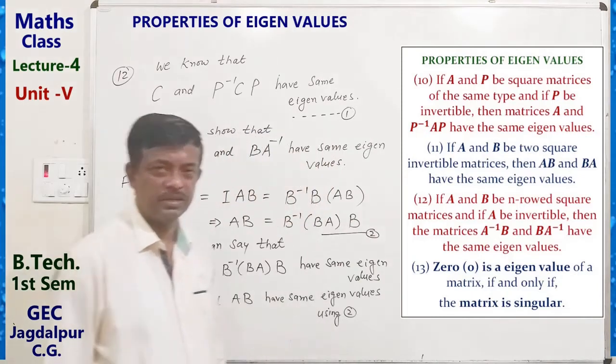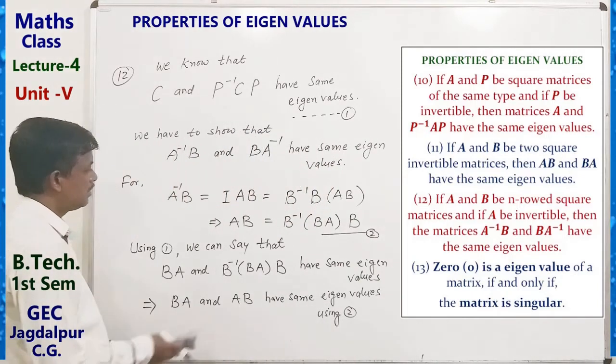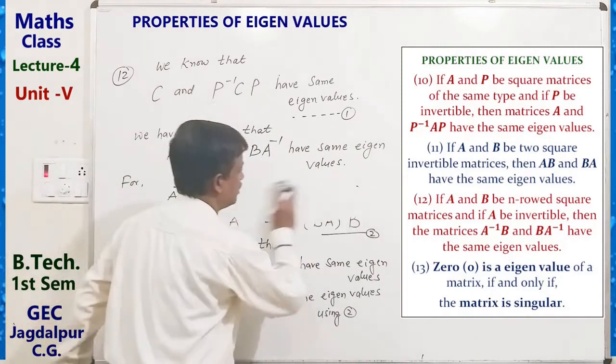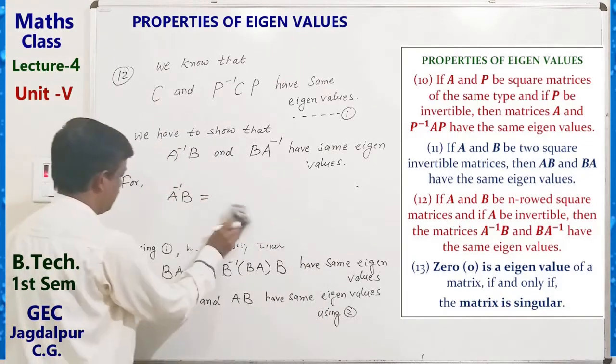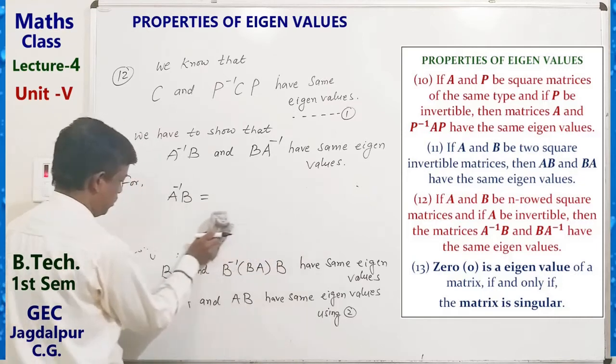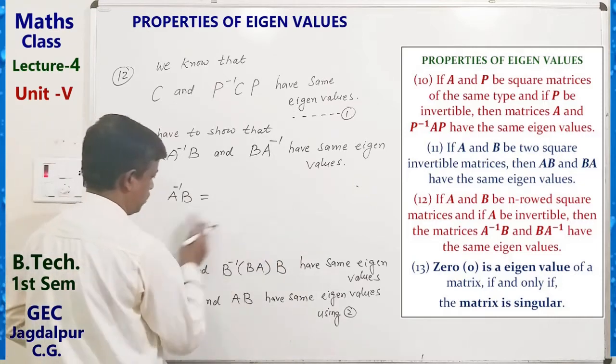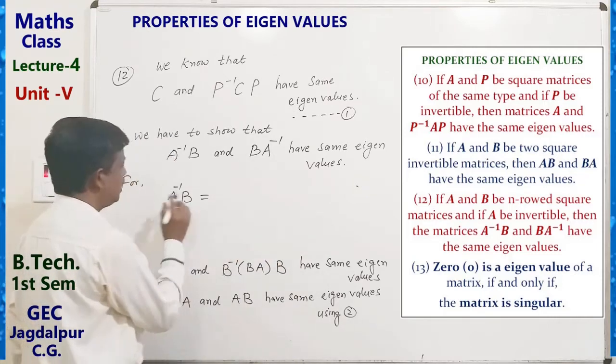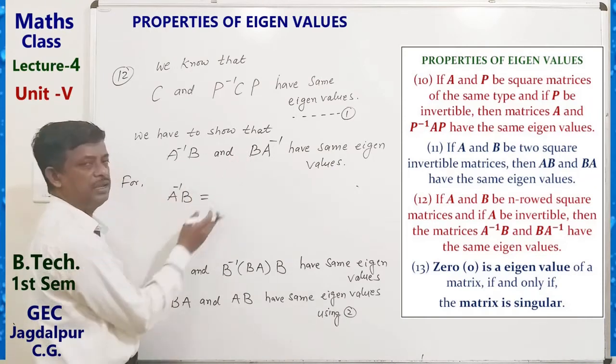Here in the reverse direction you have to write A inverse B and B A inverse.